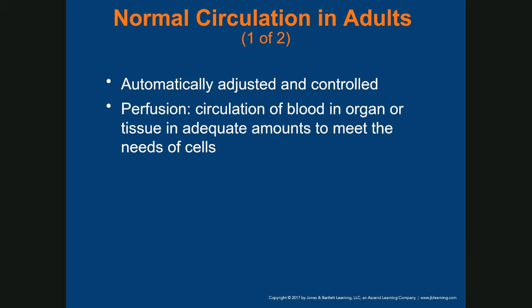So it will adjust to meet the demand because the end goal is perfusion, right? And perfusion is the exchange of oxygen and nutrients and the removal of CO2 and waste from the cells within the body so that they can carry out their normal metabolic function, right?